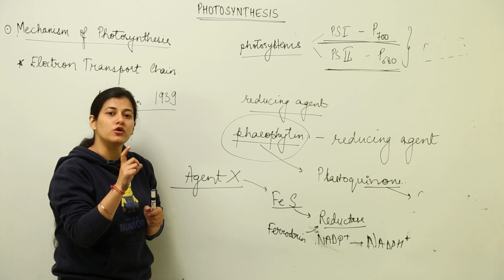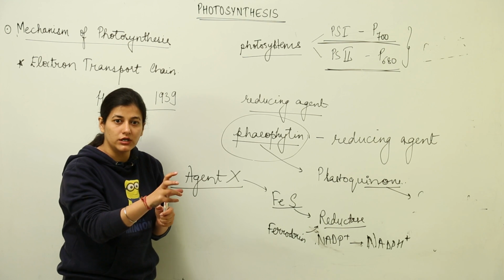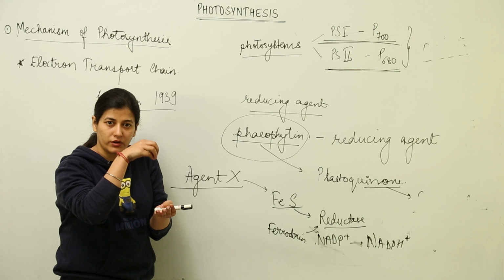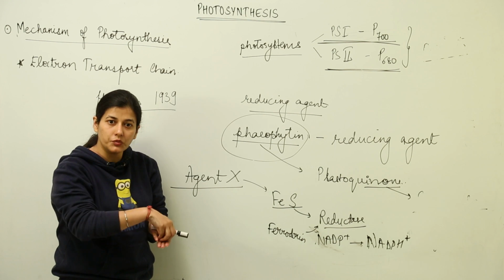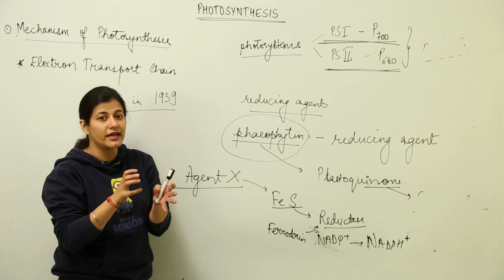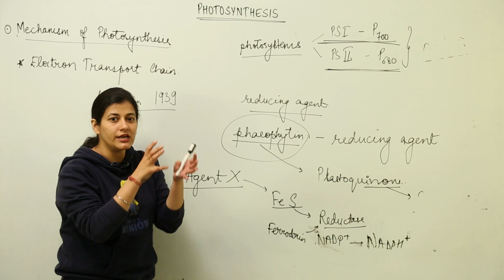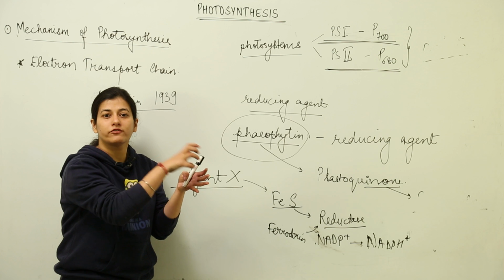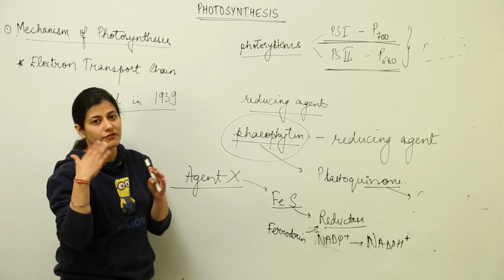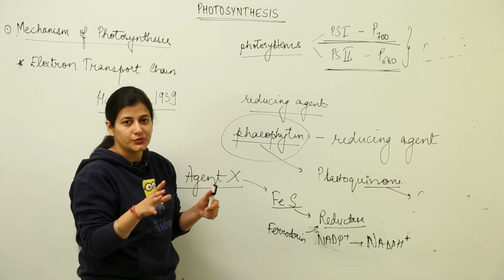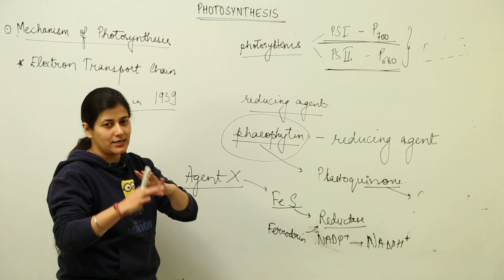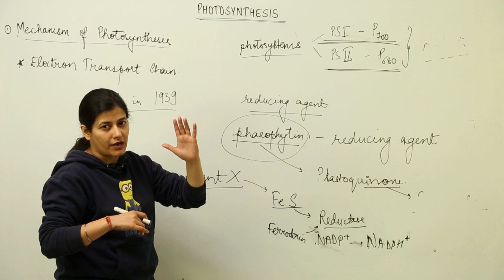So we have the process of splitting of water, that is the water molecule gets broken down into protons, nascent oxygen, and electrons, and those electrons would supply the need of the strong oxidant that would be formed by loss of electrons. Now, this is a heavy sentence. We will come to know what we are talking about. But for now, just see the passage of electron from where it goes to where.